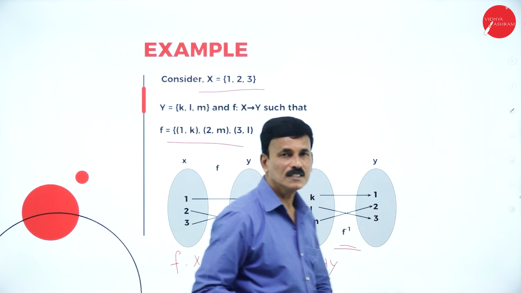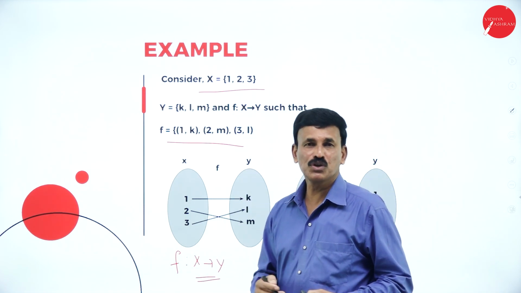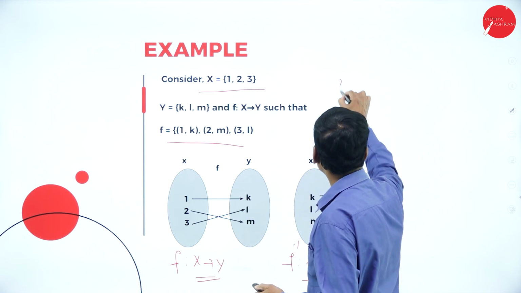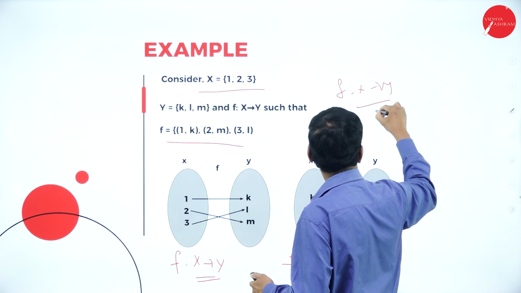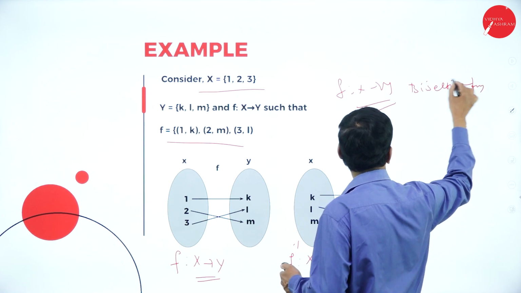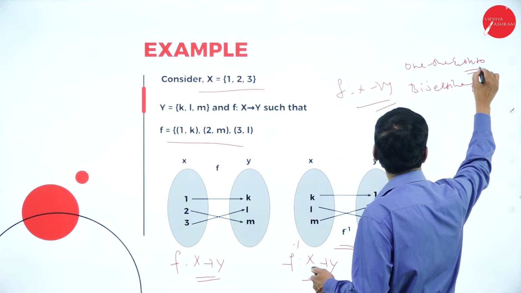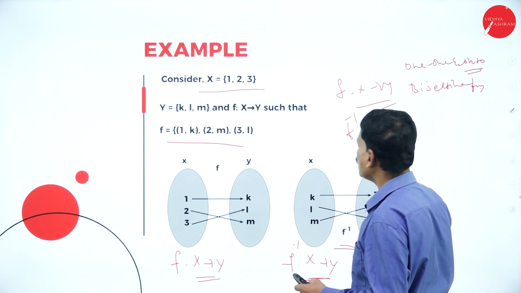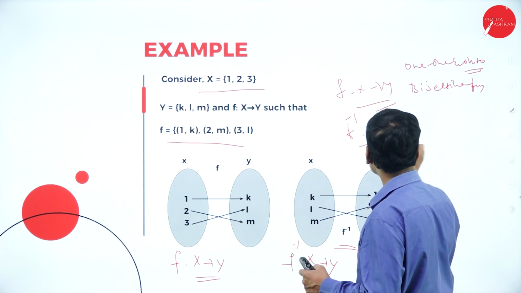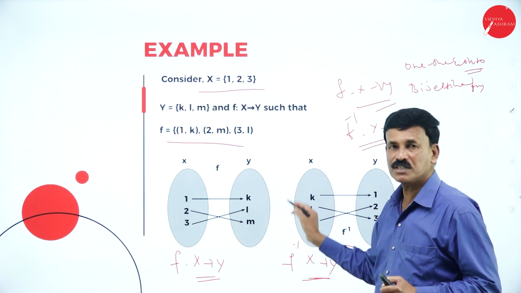That's it. Hope you followed. So in general, a function which is both 1-1 and onto, that is a bijective function, is called an invertible function, and its inverse is denoted f inverse, a function from Y to X. This is an example for an invertible function.